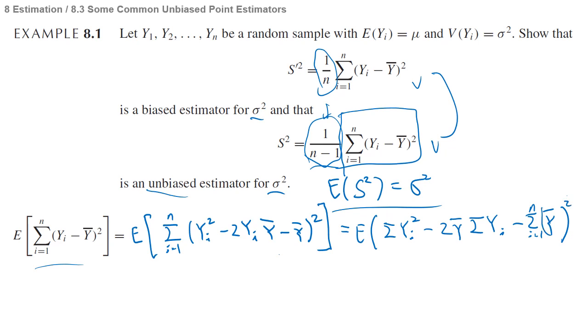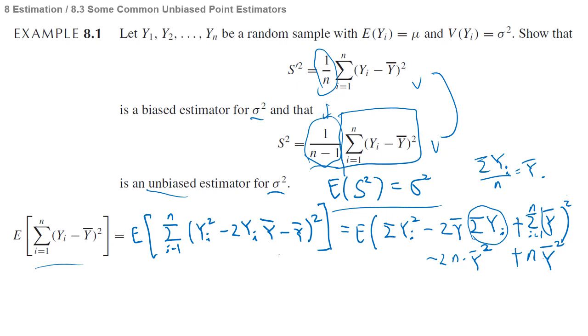And from here, y bar is constant in this summation, so this part is n times y bar, since sum of yi divided by n is y bar, so this is 2n times y bar squared. Also this last part is n times y bar squared, and this part is plus.